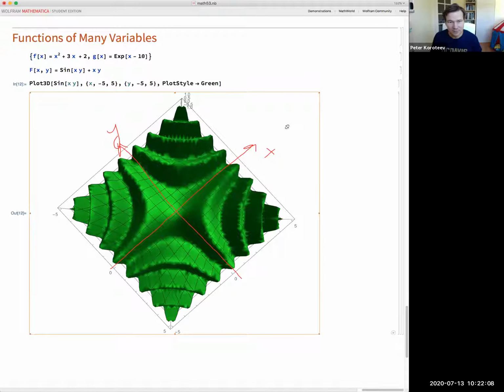And if you look at this from the top, it looks like a family of hyperbolas with oscillations imposed on top of them, right? Because it's a sine function, and it's a product of x, y, right? So when you have a hyperbola, it means that x times y is equal to a constant, and then that constant changes, because the sine oscillates. Okay.